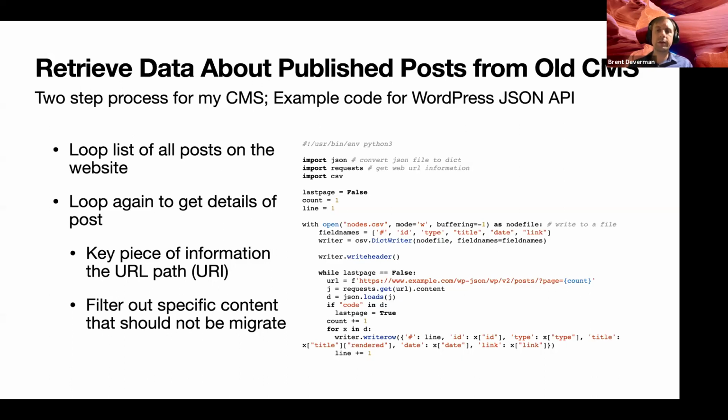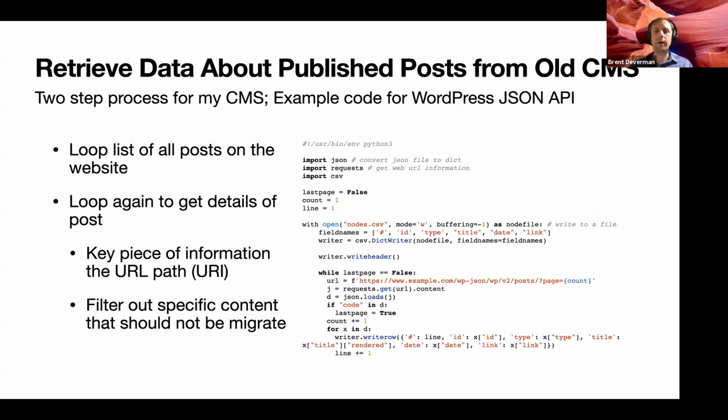As an example, I'm using the WordPress post API here, and I'm looping through and getting a list of posts from the API. It gives me one page of posts at a time, maybe 10 or 20 posts.